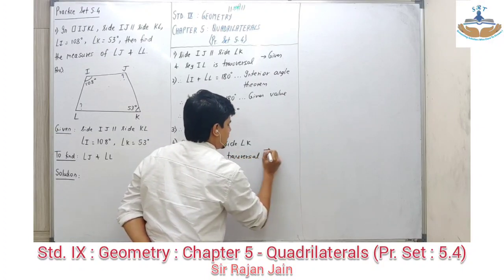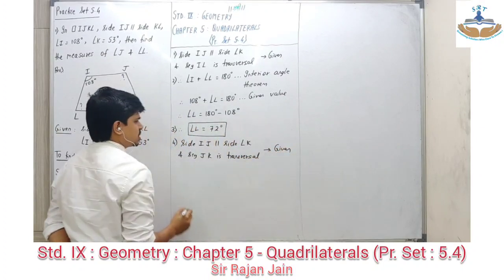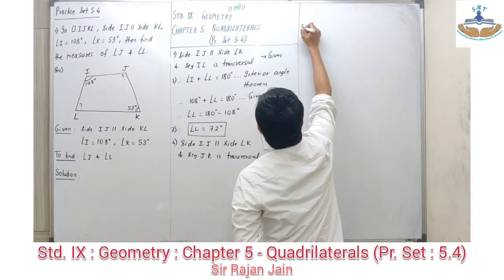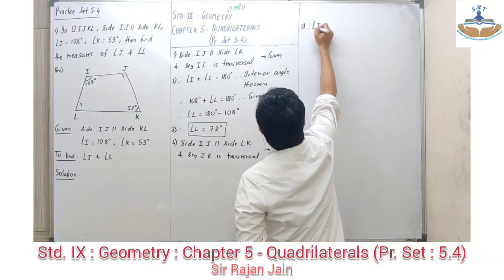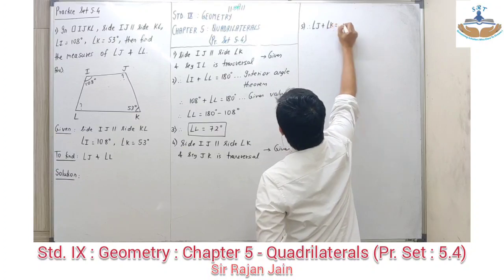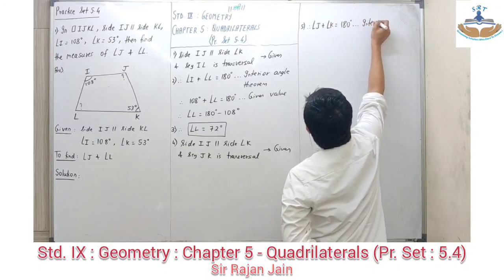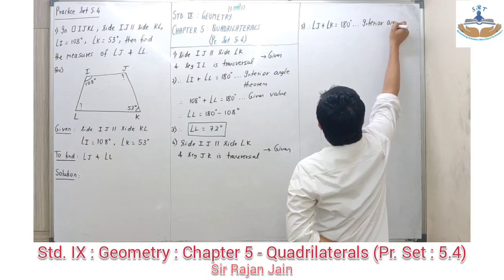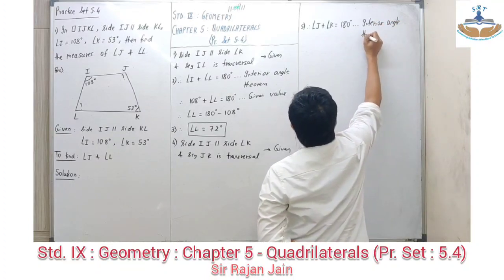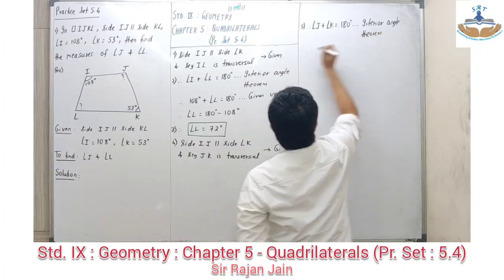Why are they parallel? Because that is what is given in the question. And if they are parallel, now I can say therefore angle J plus angle K has to be equal to 180 degrees. Reason, you will write interior angle here. Okay.